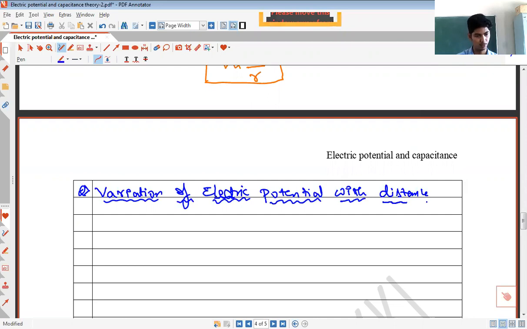Suppose we have plotted potential along the y-axis and distance along the x-axis. As the distance increases, electric potential should go on decreasing. So this will be the nature of the graph between electric potential and the distance.